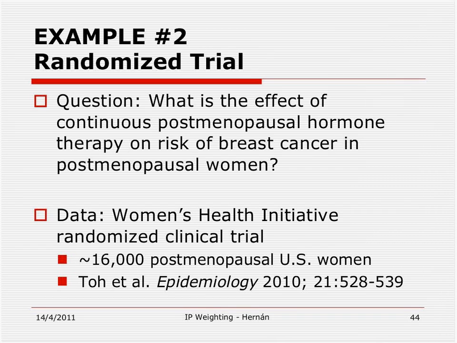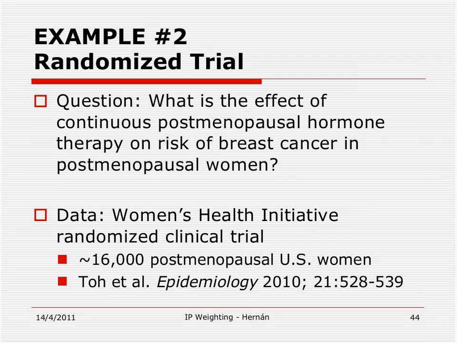The second example is a randomized trial, and in this example, we ask the question of what is the effect of continuous hormone therapy on the risk of breast cancer in postmenopausal women. Here we are using data from the Women's Health Initiative, which is a randomized clinical trial that collected information on determinants of adherence during the follow-up.